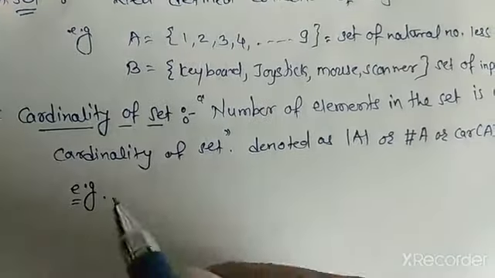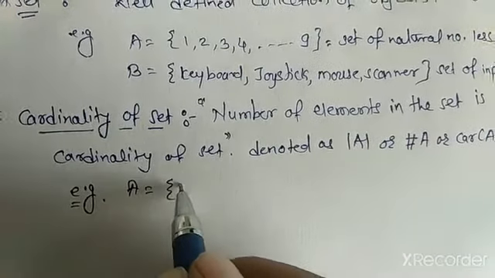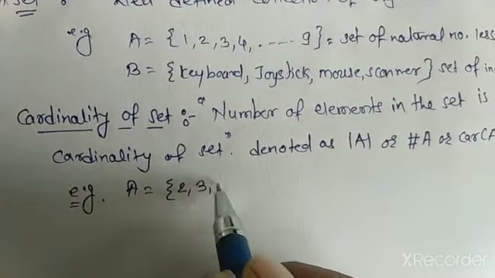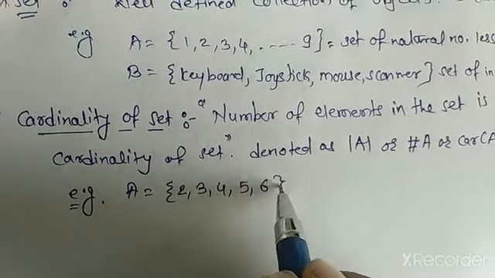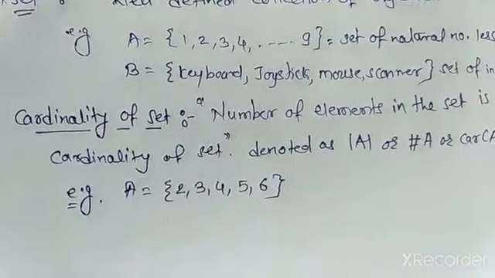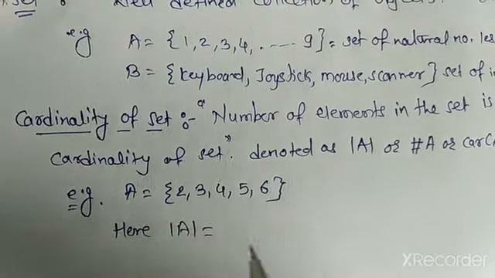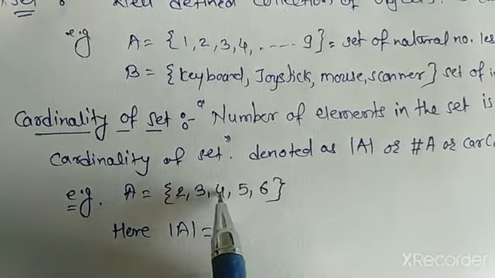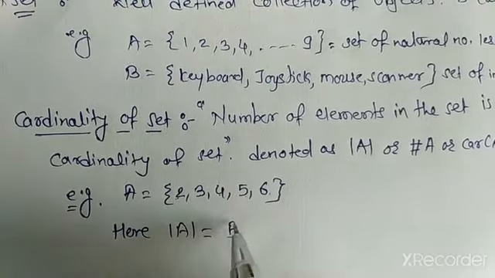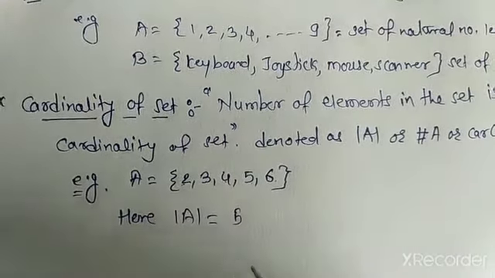Now if you consider A equal to 2, 3, 4, 5, 6, the cardinality of A is the number of elements, 1, 2, 3, 4, 5. So cardinality of A will be equal to 5.